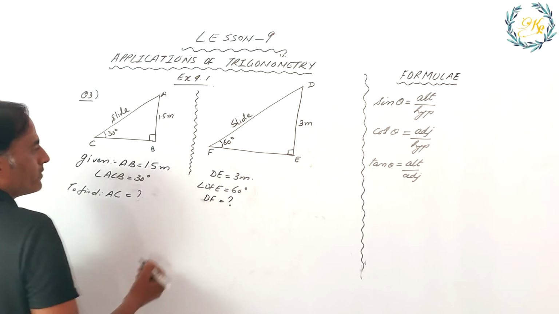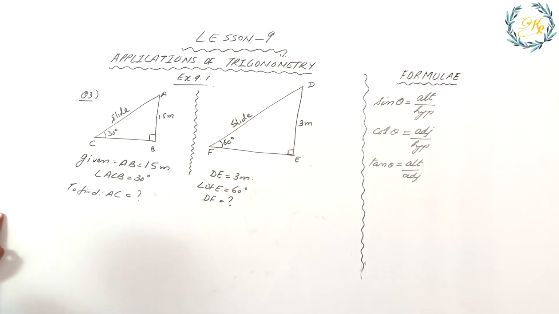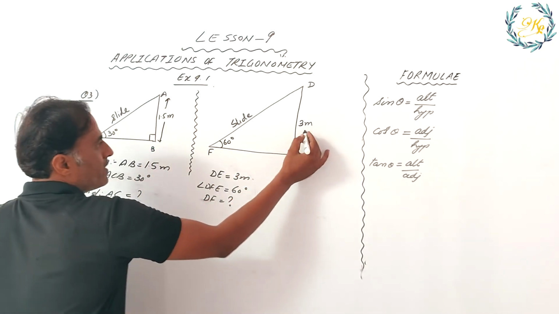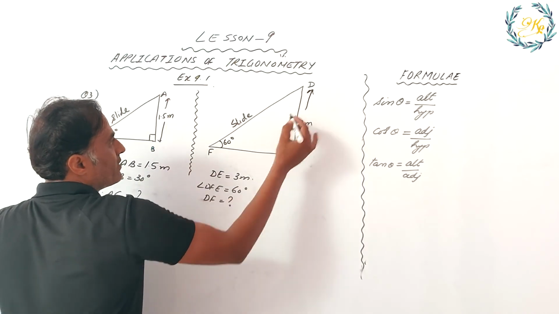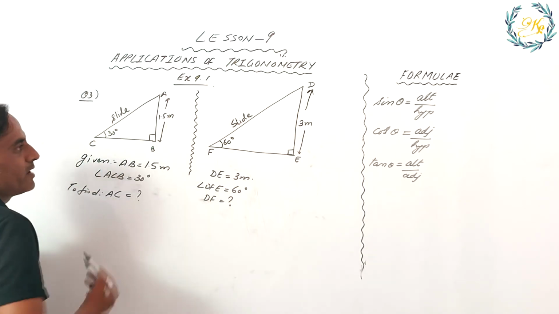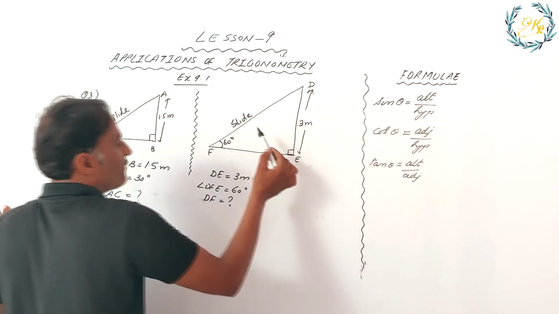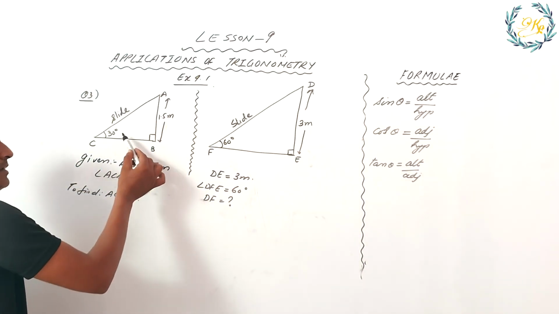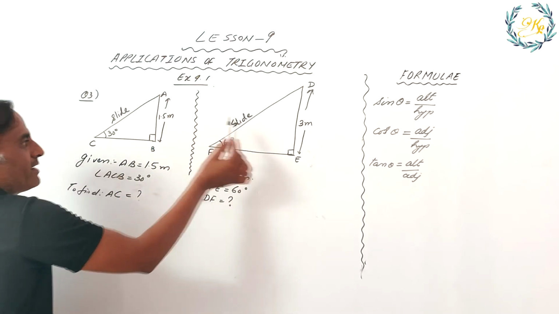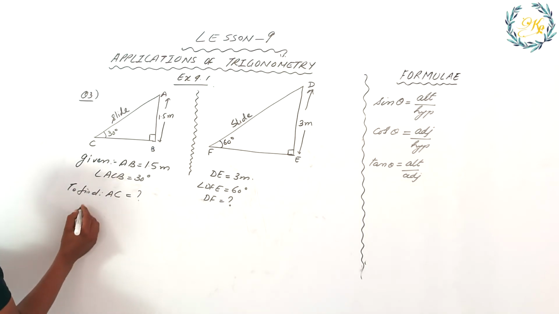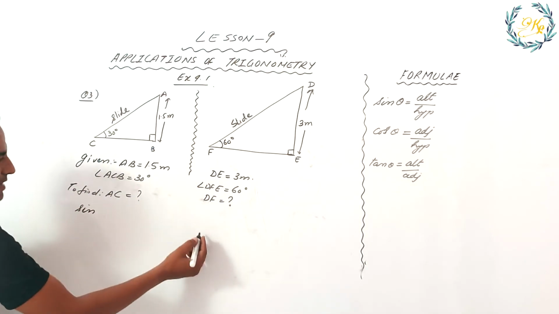So in both cases, we are given the altitude and we are asked to find the hypotenuse. The very first trigonometric ratio, sine, can be utilized to find the hypotenuse when theta and the altitude are given to us. So we utilize that ratio for both parts of the sum.